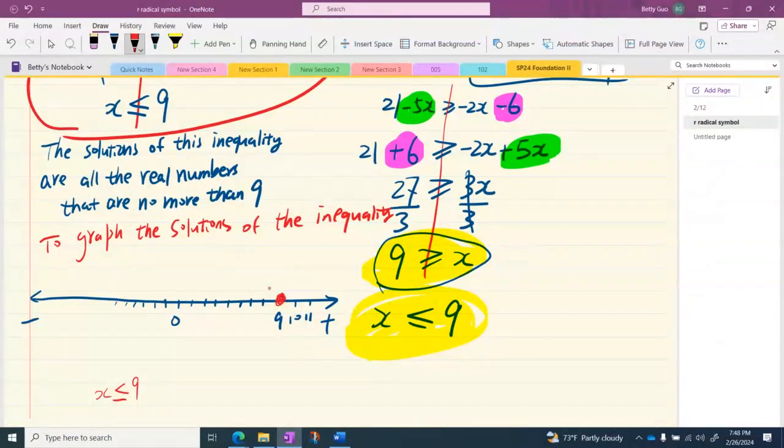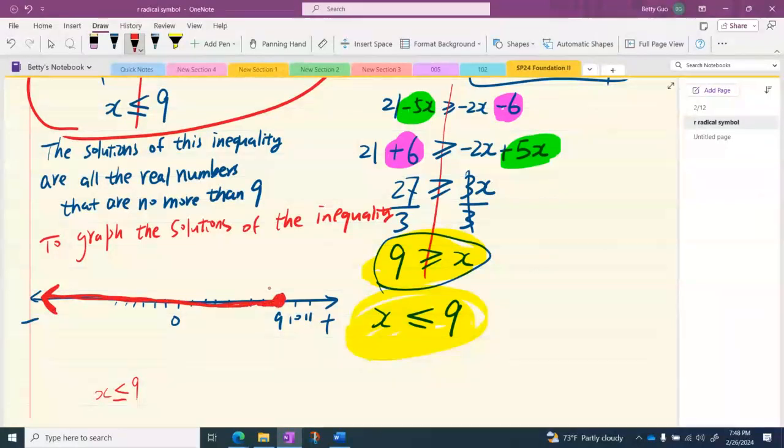And then I want to indicate all the real numbers less than 9 also as solutions. They are the points to the left of 9, and continue all the way to negative infinity. So that's the reason I have an arrowhead here.